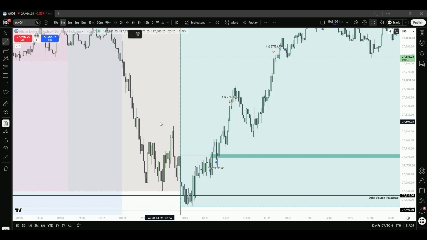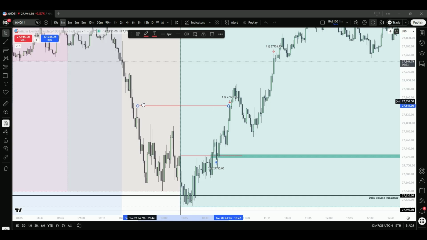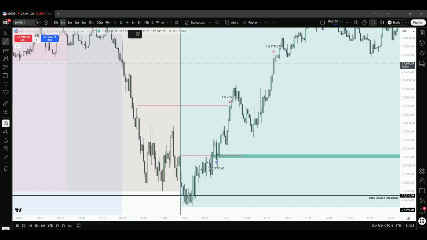If you didn't, make sure to watch that as well. We have relative equal highs here, which were swept relatively easily, and then we have here minor buy side liquidity, which was my first partial, and then the second part, the full TP, was at the next liquidity level.